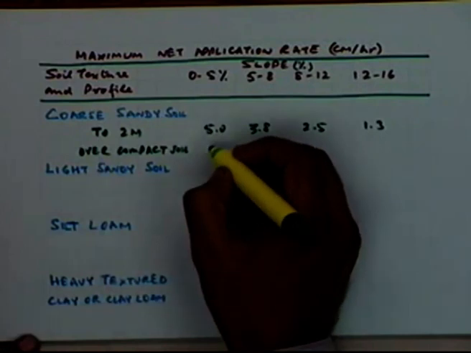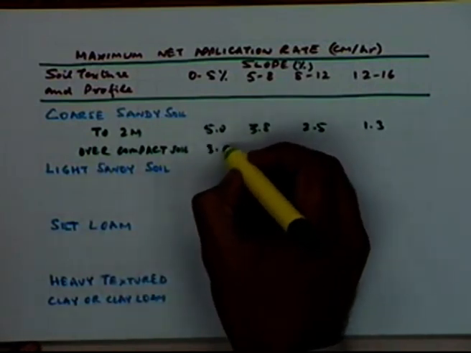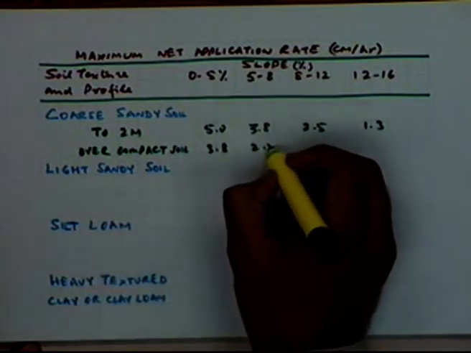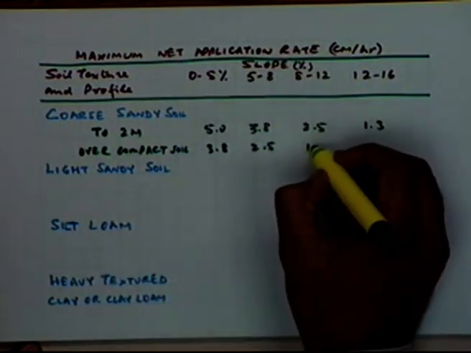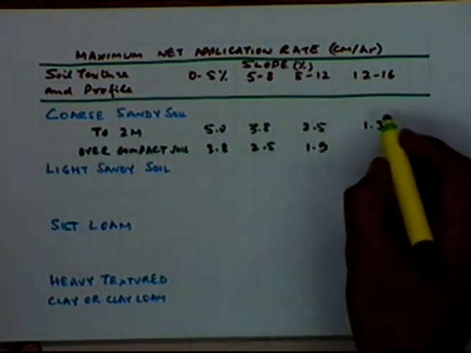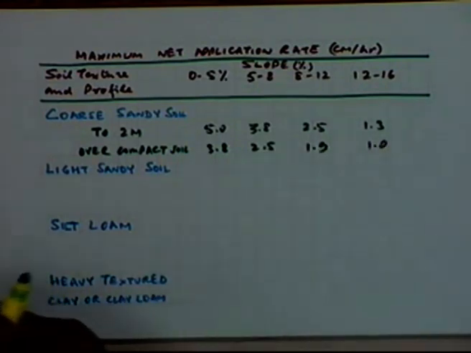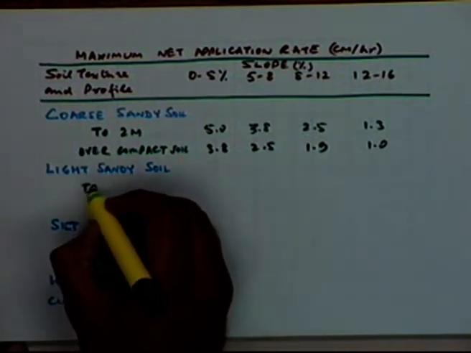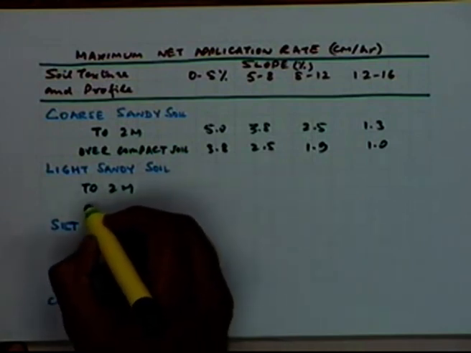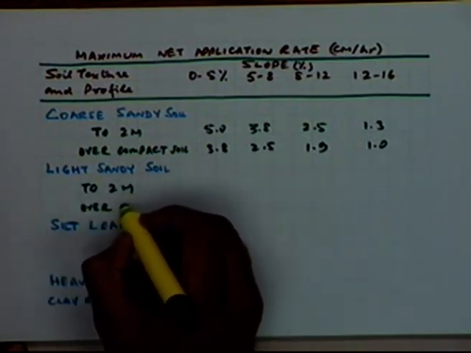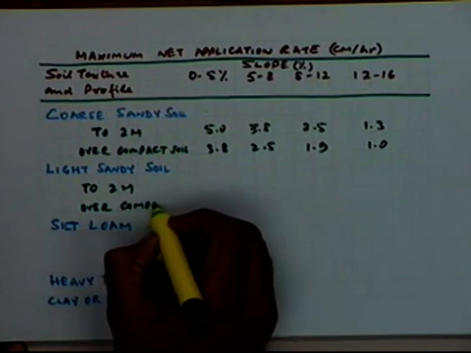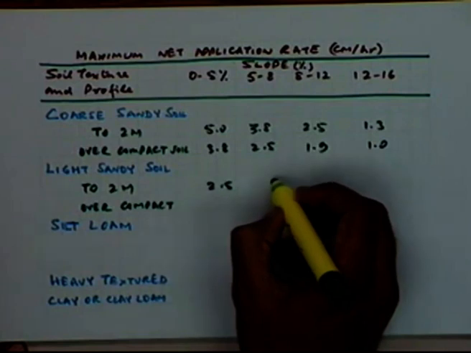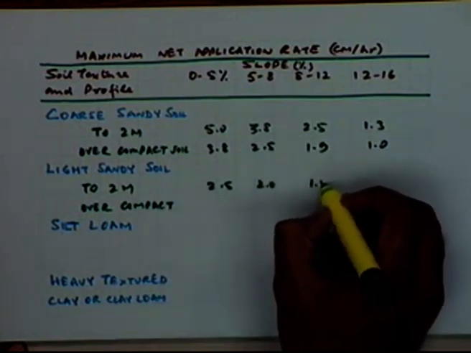When you have more compact soil, the profile is less than 2 meters, then you have these recommended maximum net application rates which should be utilized. Similarly, in the other cases also, to 2 meters and over compact soil, you have these recommended values.